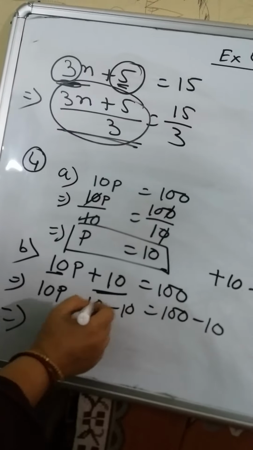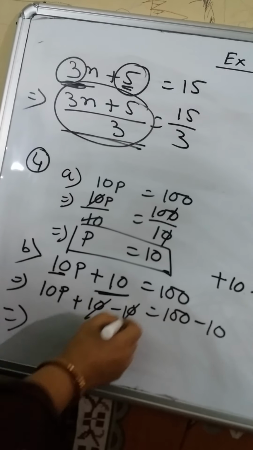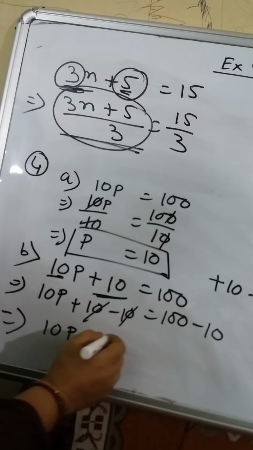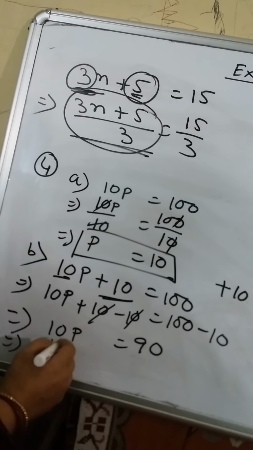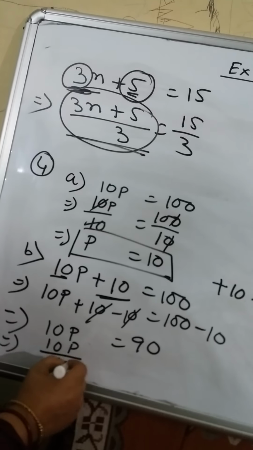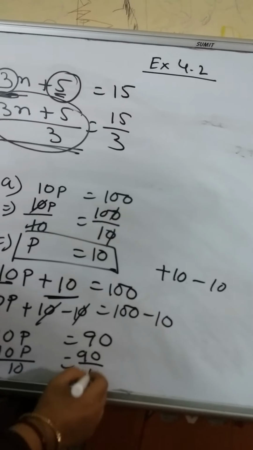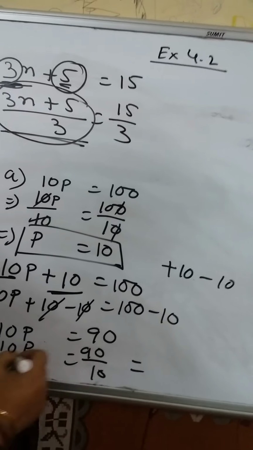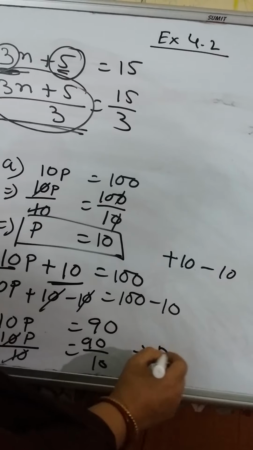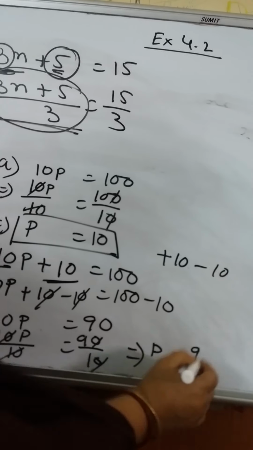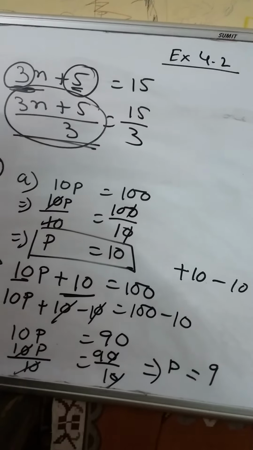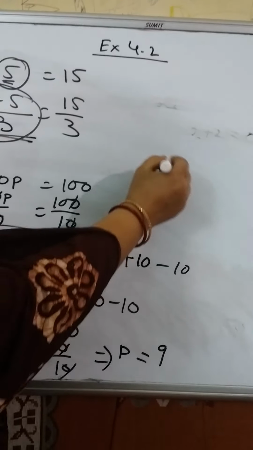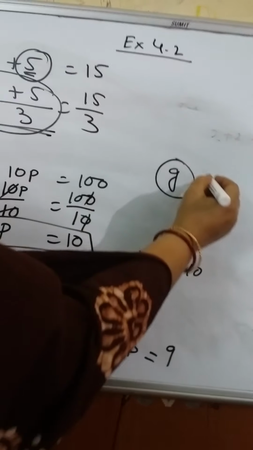So this will become 0 or get cancelled, 90. Now divide both the sides by 10. So what will remain here? P equals 9.